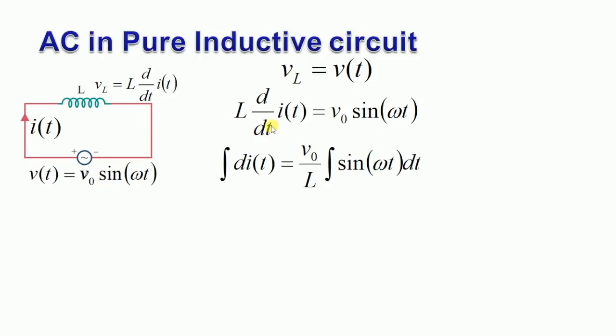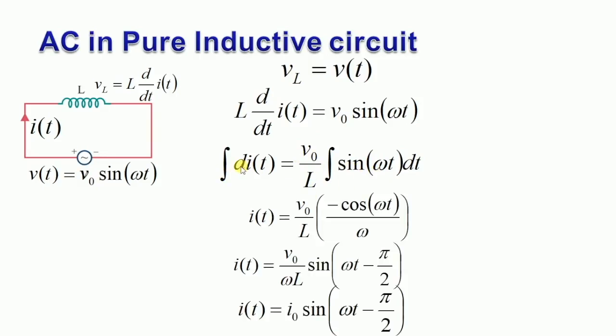Now just we have to separate variables and integrate, so this first order differential equation can be solved quickly. So integration dI of t is equal to V0 upon L into integration sin omega t dt.